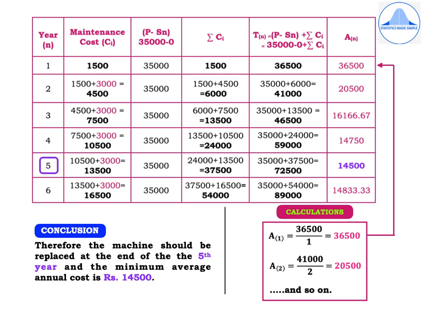Now the calculations for the last column, that is to find out the An values, are shown below the table on the extreme right in a pink colored box. The average annual cost for the first year is obtained by dividing the fifth column value by 1. That is 36,500 divided by 1 is 36,500.